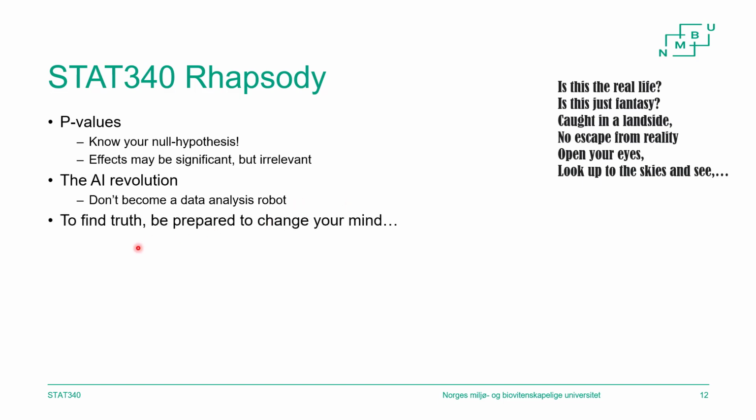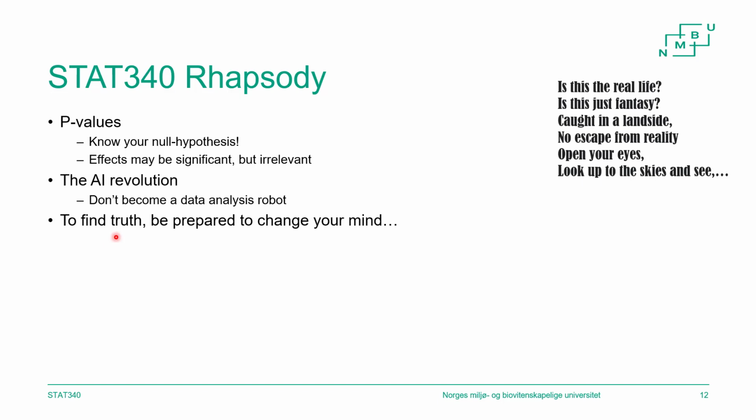Understand what you're doing. And finally, we have talked about finding the truth in this course. What are the actual real effects, the influencing variables and so on. One important requirement for finding the truth is that you are prepared to change your mind. And I think this is worth remembering in our time, because it's not very popular to change your mind these days.